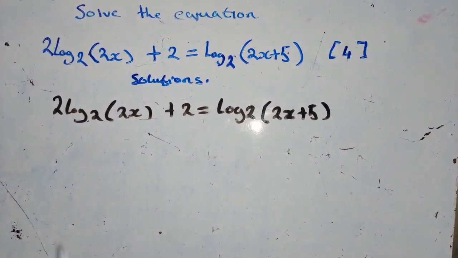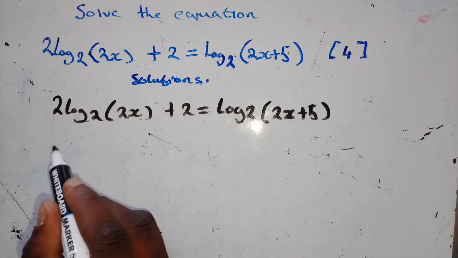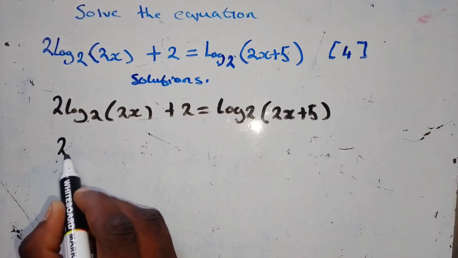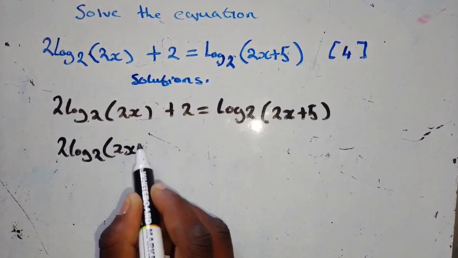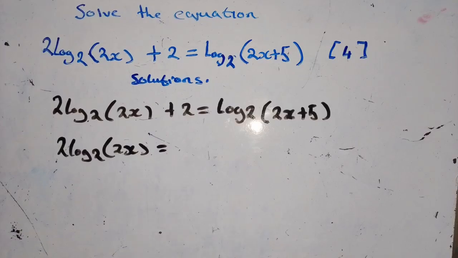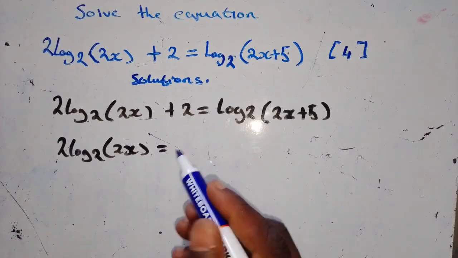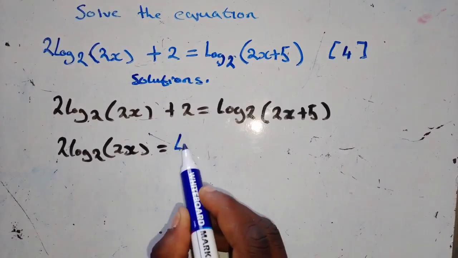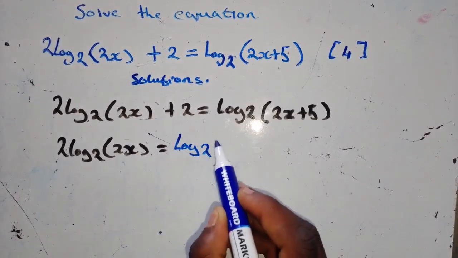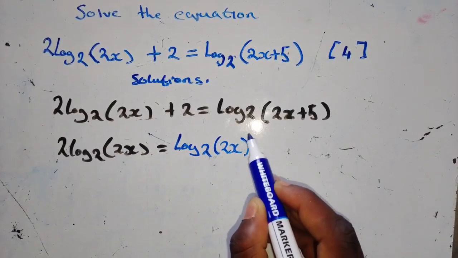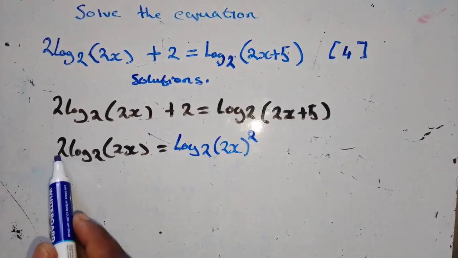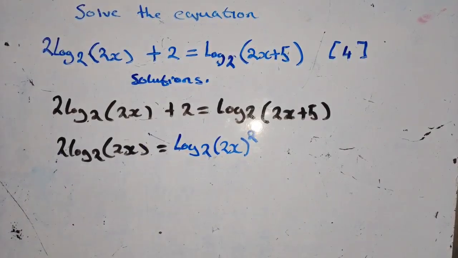If you write 2 log₂(2x), it is the same as writing log₂ of (2x) to the power 2. We just change this 2 into a power. If you write like this, it is the same as writing like that.